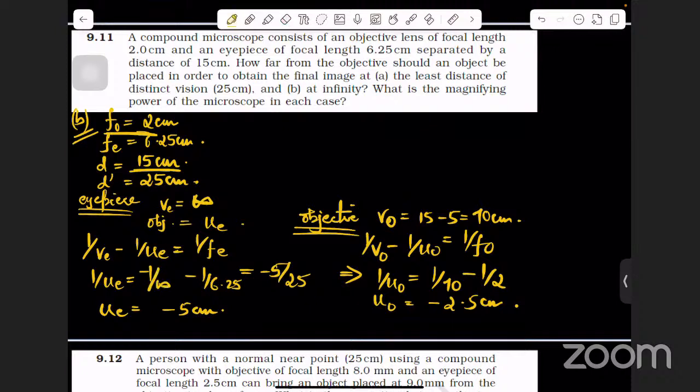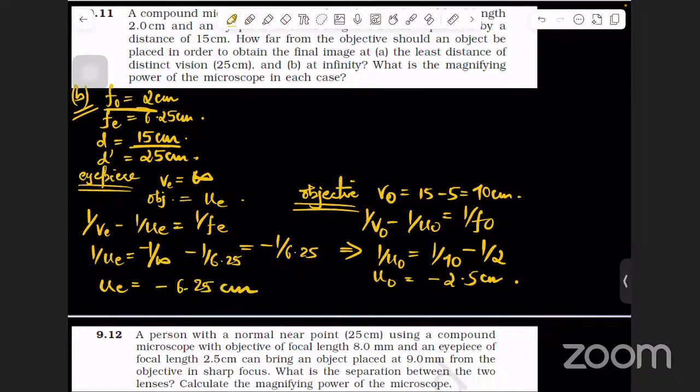So this would be minus 1 upon 6.25. So this UE would be minus 6.25 centimeters. And for the objective, you have to subtract this 6.25 from 15. So 8.75.